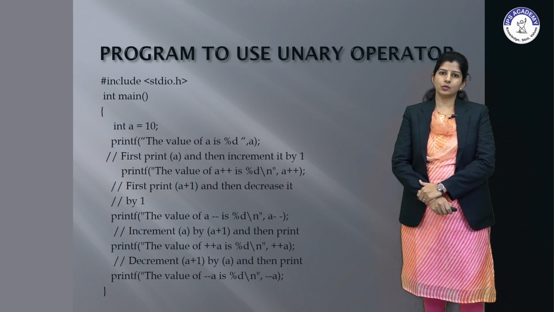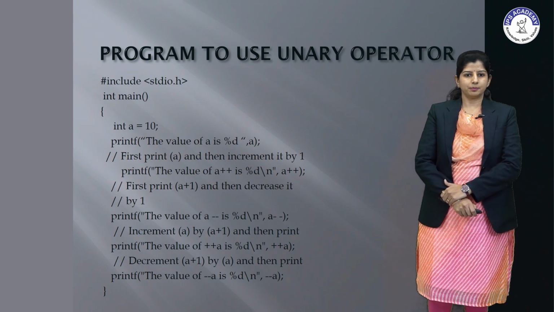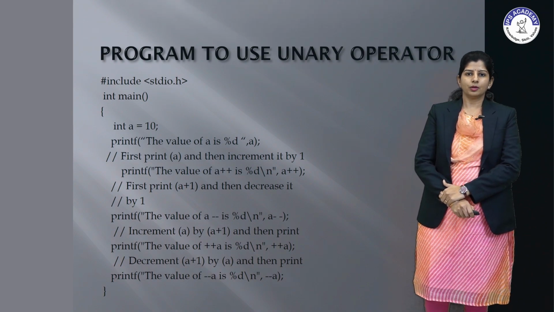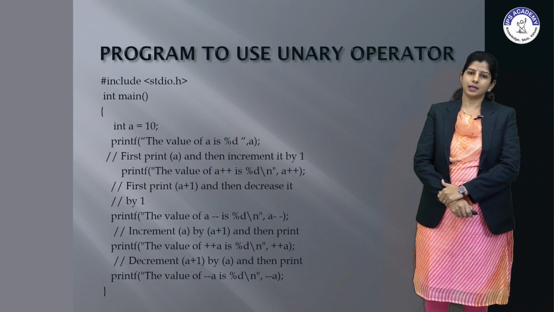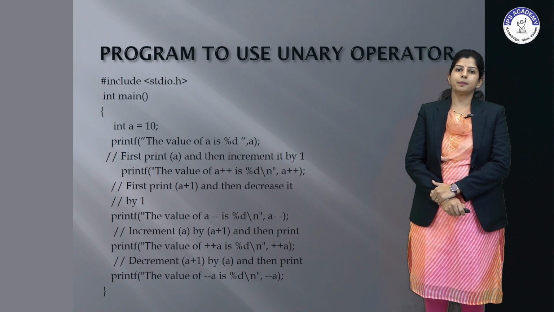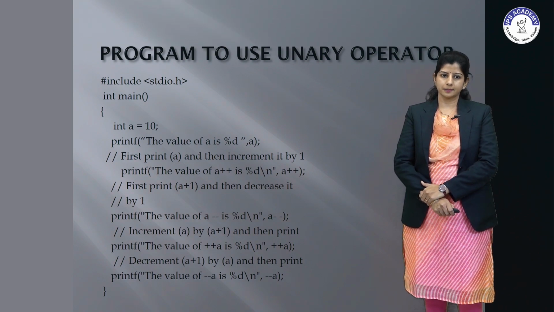How can we use it? I just have to write printf, the value of A plus plus. %d is used before that because the data type is integer. A plus plus is my postfix increment operator.